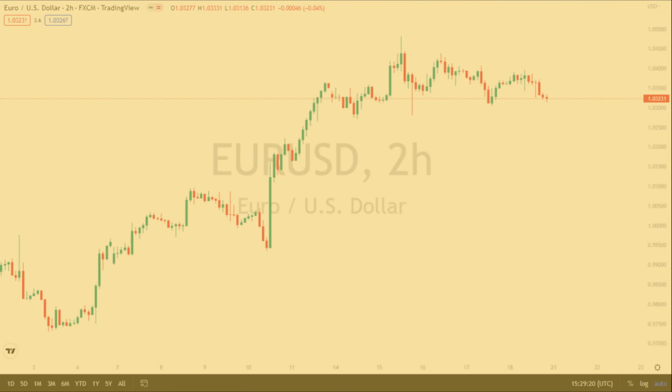So if you look at this chart, it is showing a currency pair which is Euro USD. That is Euro against United States dollars. You see that there is a price. You can buy Euro USD, you can sell Euro USD, and first of all, when you have Euro USD, what is Euro and what is USD?